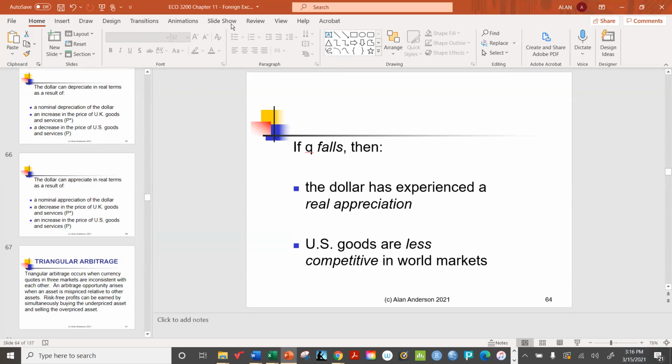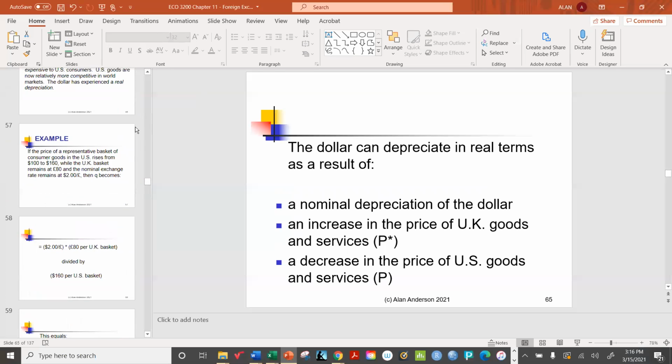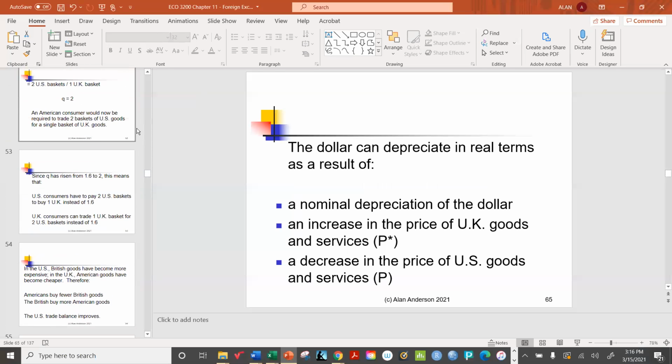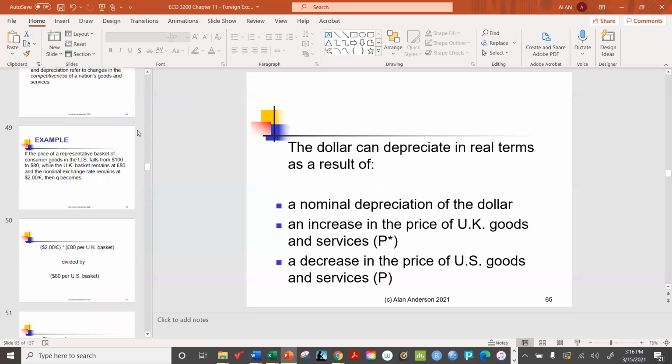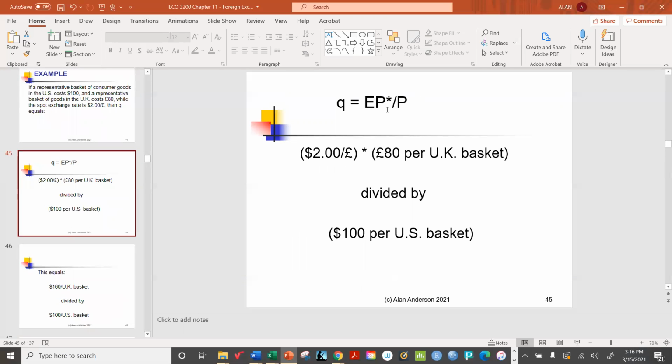Now, I said before that there are different ways in which this can happen. If you look at the formula for the real exchange rate, let me go grab it from up here somewhere. Here it is.